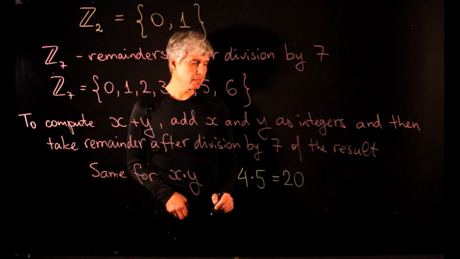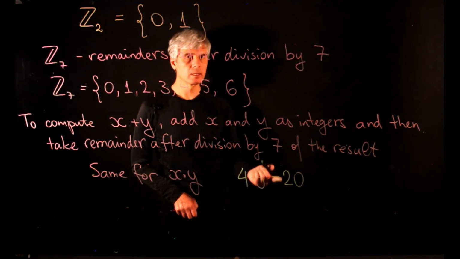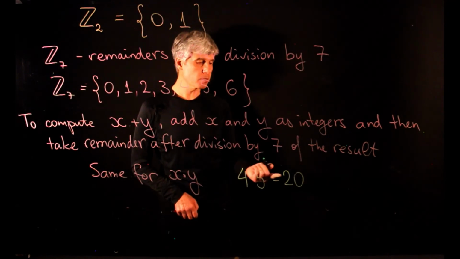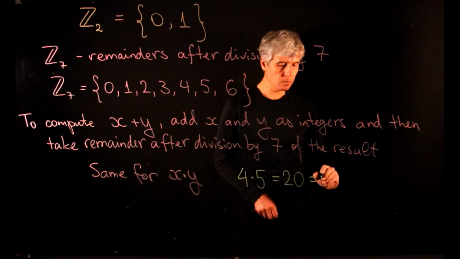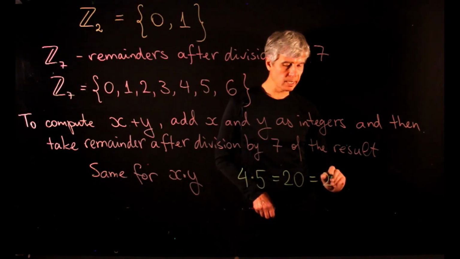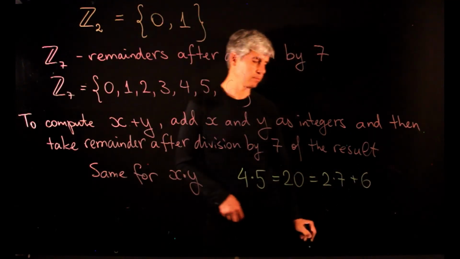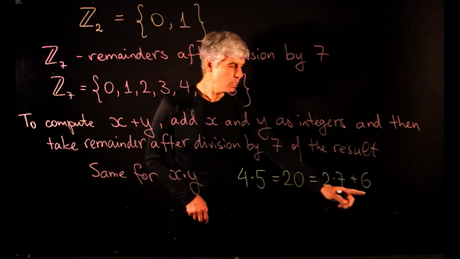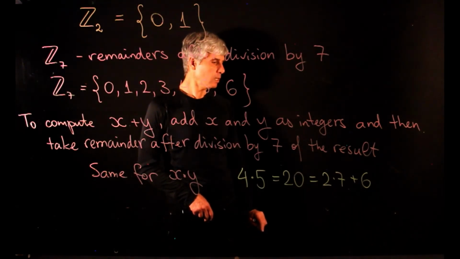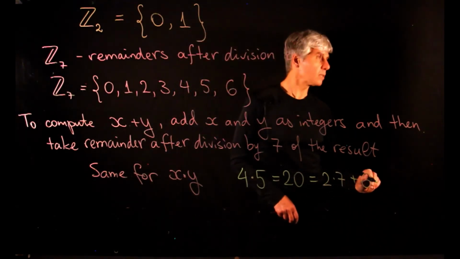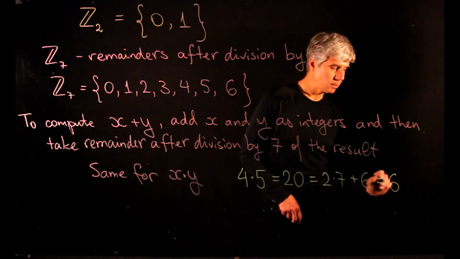And then our rule says that we need to divide the result by 7 with the remainder. So if we divide it by 7 with the remainder, we get 2 times 7, that's 14, plus 6. And so this means that 6 is the remainder.